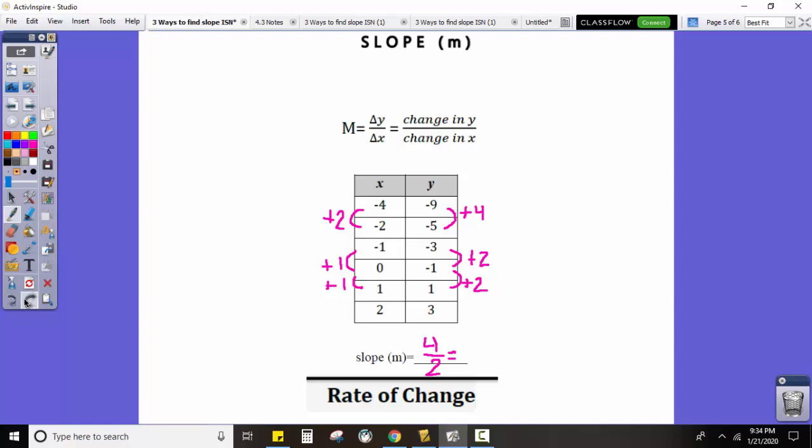That would be 2 over 1 again. And then 1 to 3 is adding 2. And 1 to 2 is adding 1. So here's where you can see, okay, I have either 4 over 2, change in y over change in x, or I could say, well, 2 over 1, change in y over change in x. 4 over 2 equals 2 over 1. They're the same exact thing.